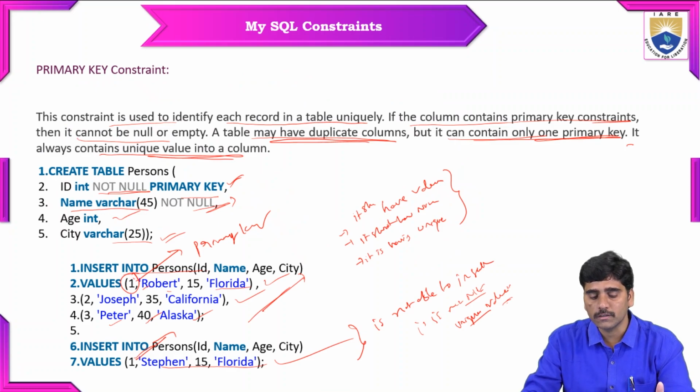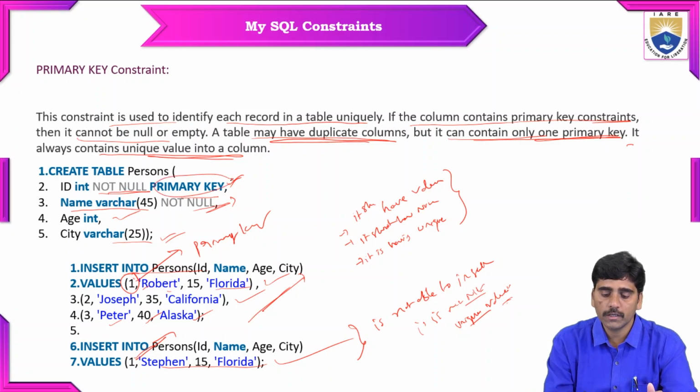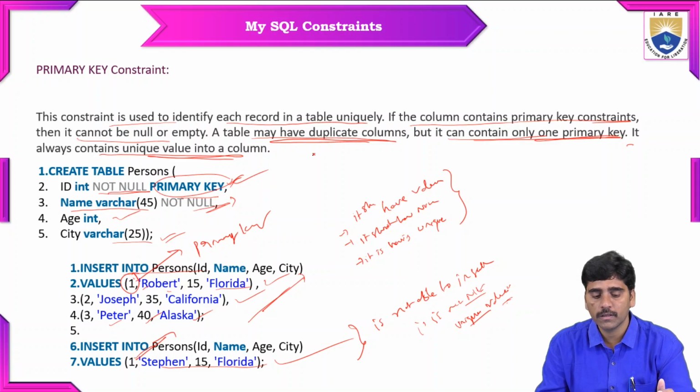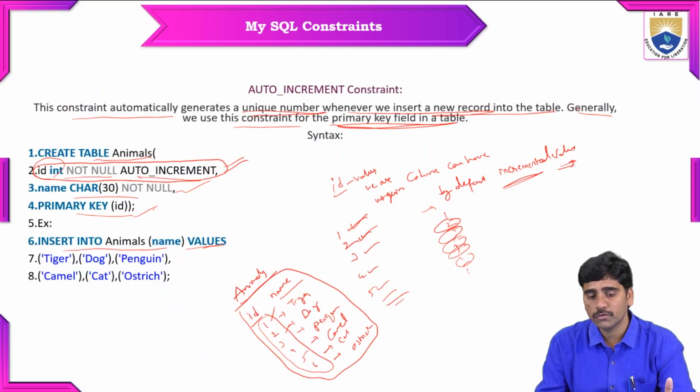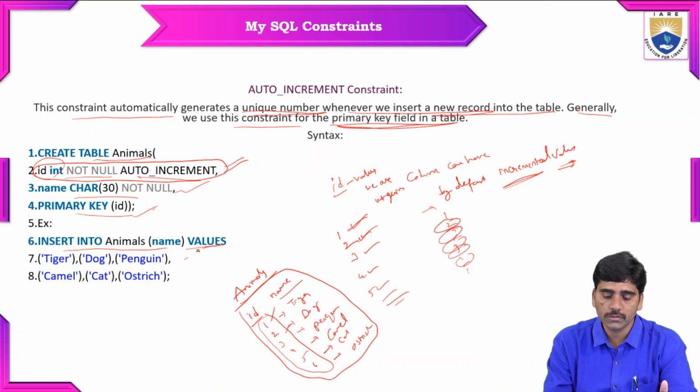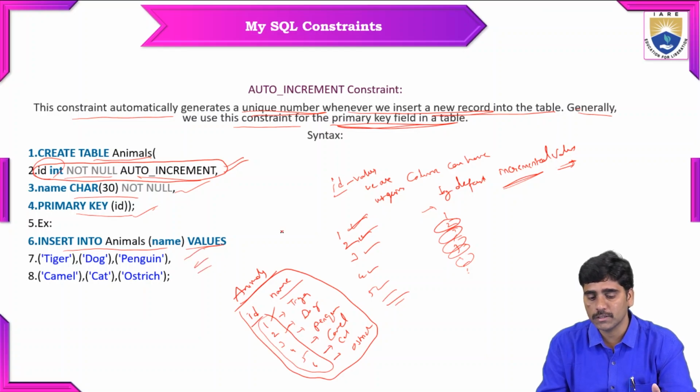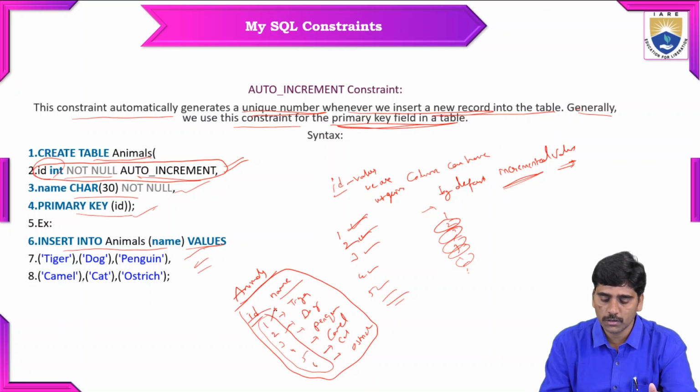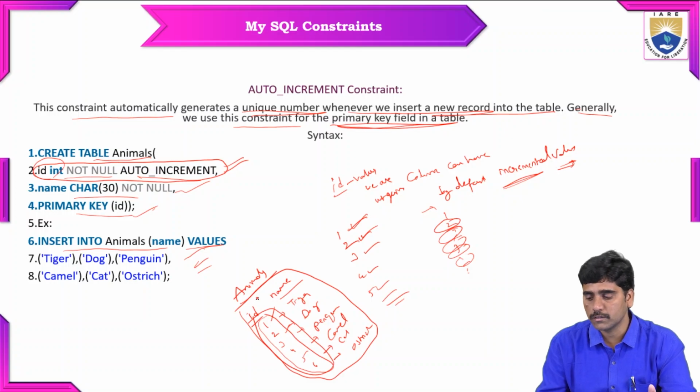And primary key constraint: the column cannot be null, cannot be empty, and cannot have any duplicates, so you can apply primary key to that particular column. And auto increment: whenever you insert values, no need to write IDs, because the ID will by default be taken as an incremented ID, displayed in ascending order.